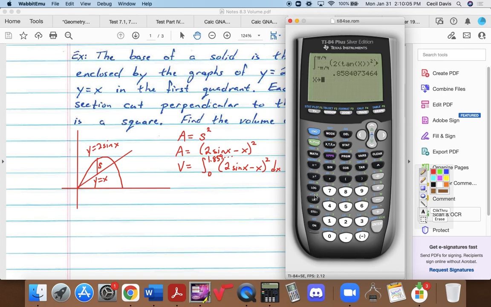So I'm going to store that value. You don't have to store it, but this way, just in case you move something on the graph and it drops that x value, you don't have to think about it.